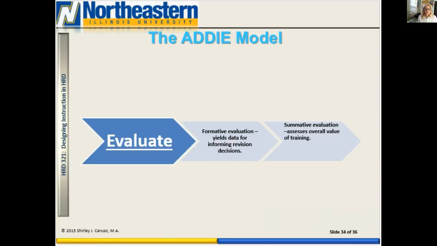In the evaluation phase, there are two types of evaluation, formative and summative. Formative evaluation yields data for informing revision decisions. I often think of the formative stage of evaluation as a chef tasting the soup. A chef can add salt if the soup is not salty enough, or add water if the soup is too salty.